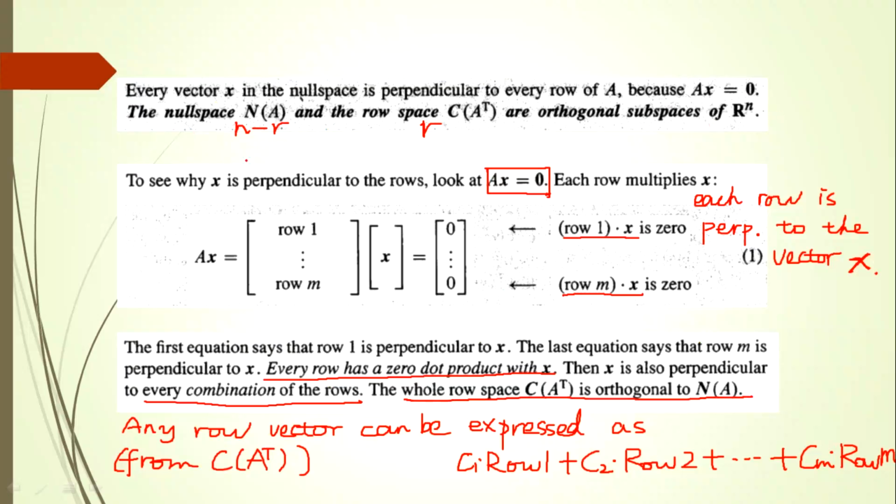The dimension of the null space is n minus r. The dimension of the row space is r. So the sum of those two dimensions gives n, which is the whole space. And those two are orthogonal subspaces, right? Row space and null space, they are orthogonal spaces.